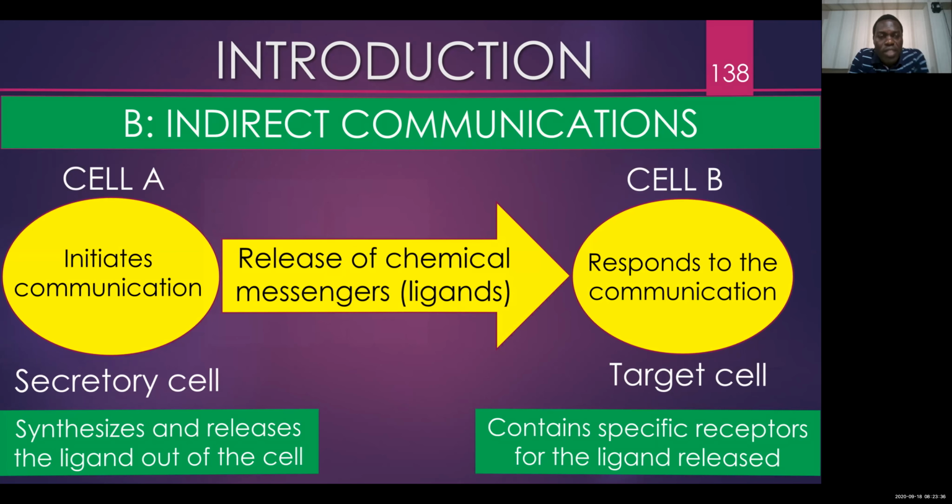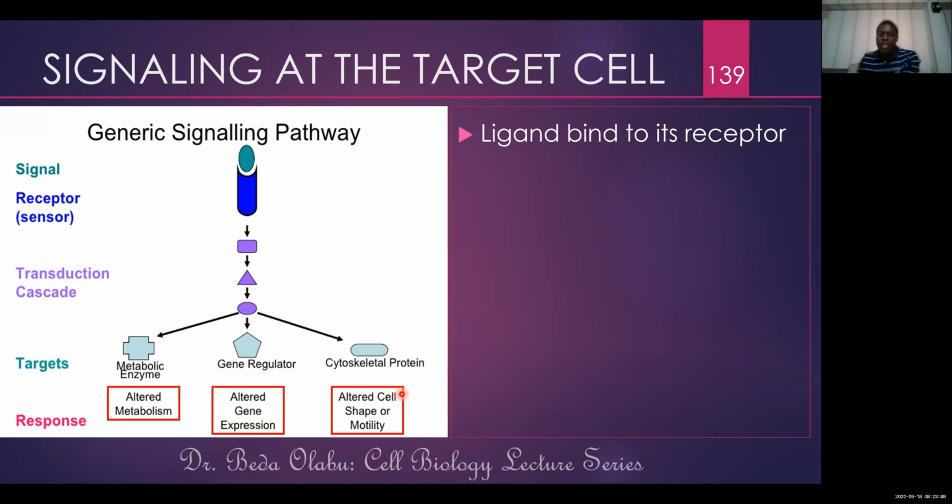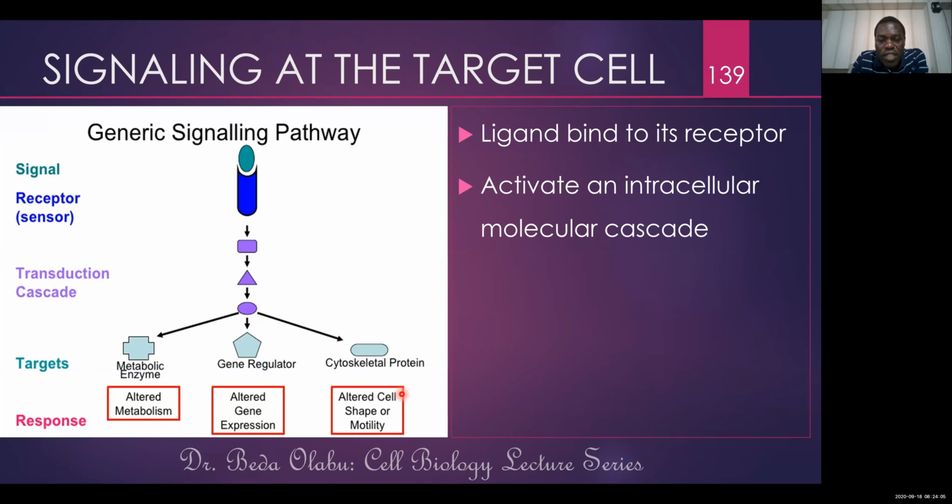Now let's see what happens at the target cell once the chemical has reached the target cell. So what happens? Once the chemical reaches the target cell, the chemical will bind to its receptor, as I've just told you. The binding of the ligand to its receptor activates an intracellular molecular cascade.